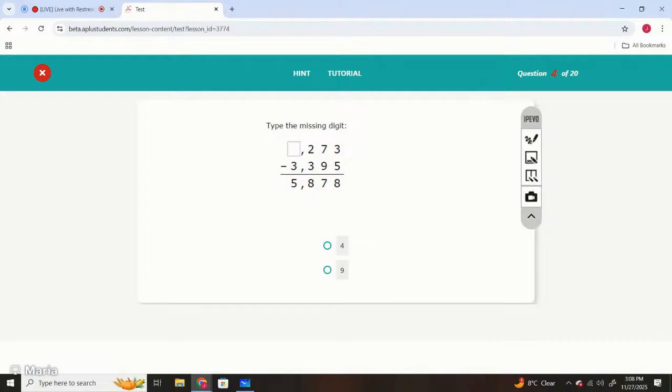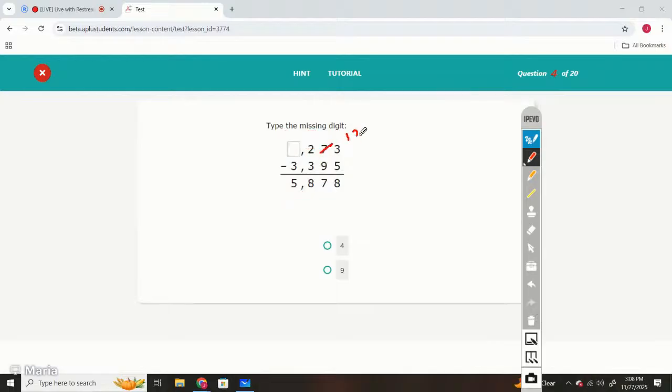Type the missing digit. 3 take away 5. We need to borrow 1 from here.